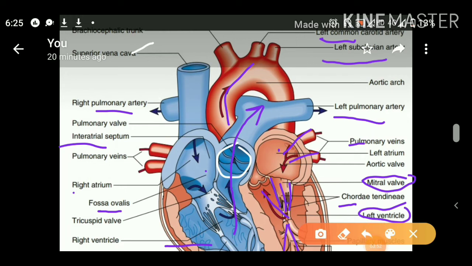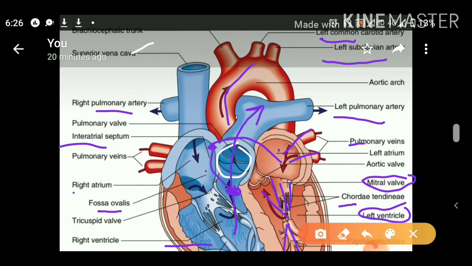In this diagram we have not shown you SA node and AV node. You can leave them for the drawing, or if you wish you can draw SA node on the right auricle which sends impulse to left auricle as well as to the AV node that is situated near the tricuspid valve.